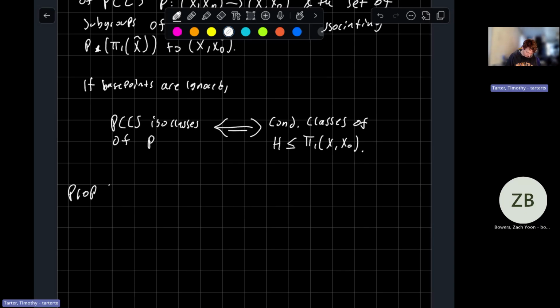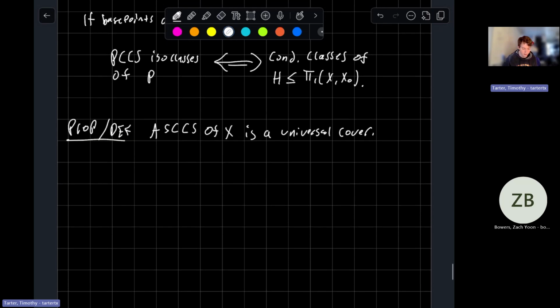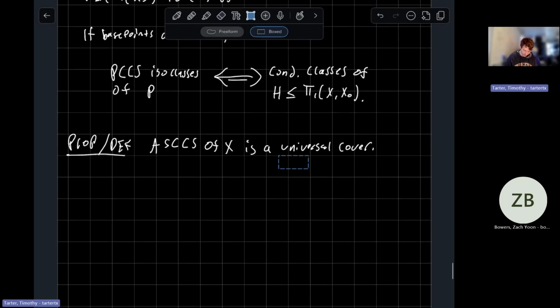So proposition slash definition: a universal cover. And actually, it's the universal cover because it's unique up to unique isomorphism.